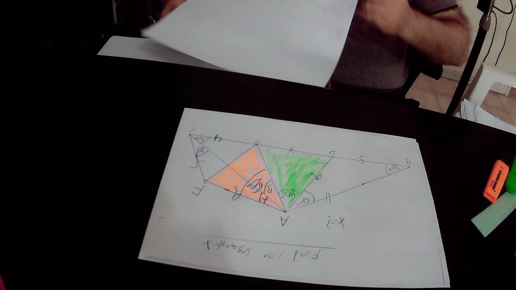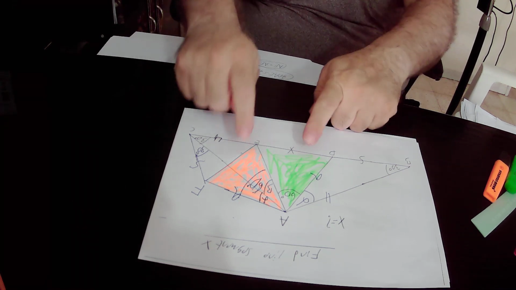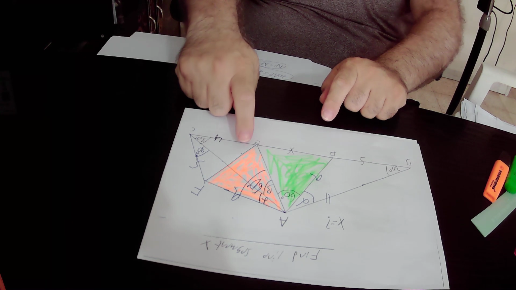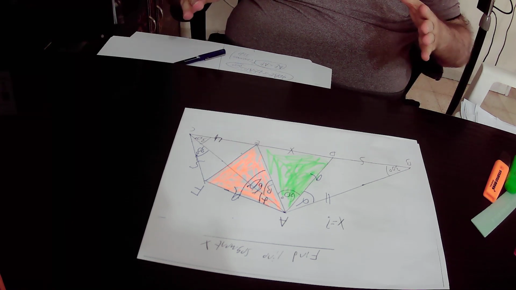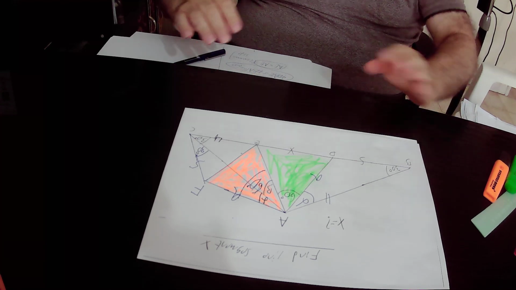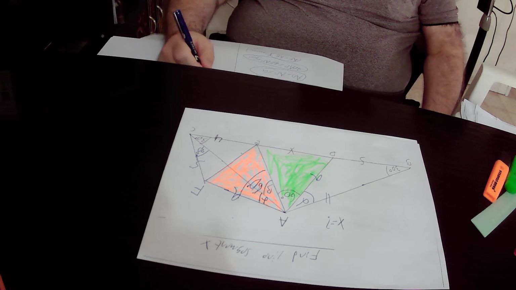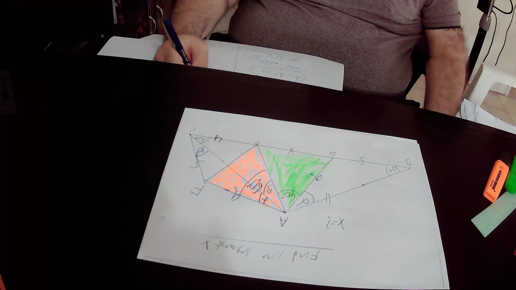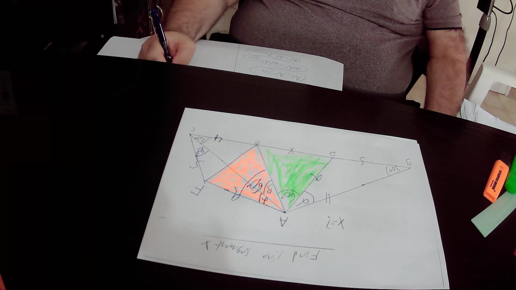And finally, we found out that the green triangle is congruent to the orange triangle according to the side angle side rule. Triangle ADE, the green triangle, is congruent to the orange triangle, triangle AEF.